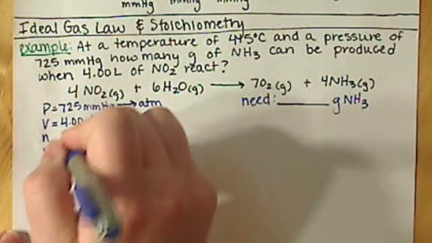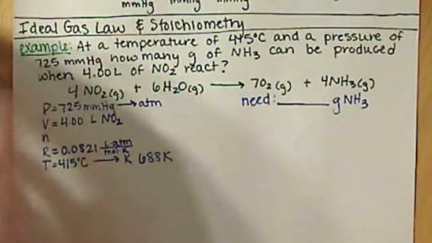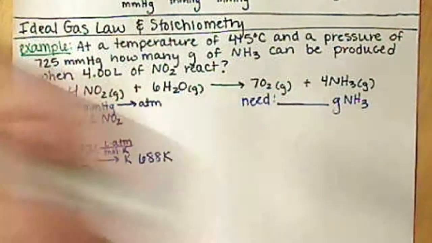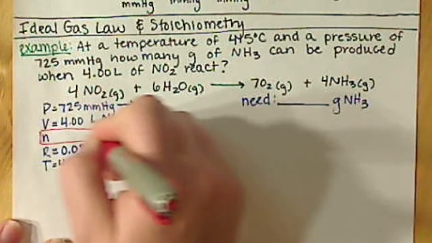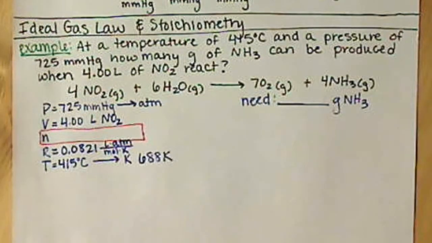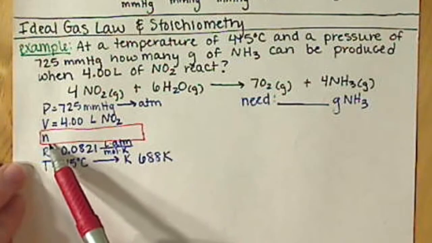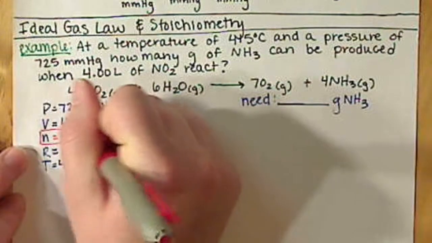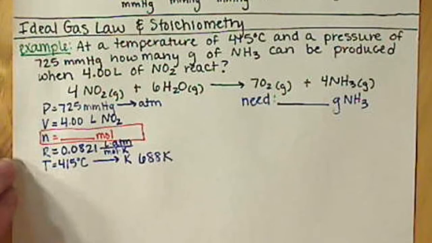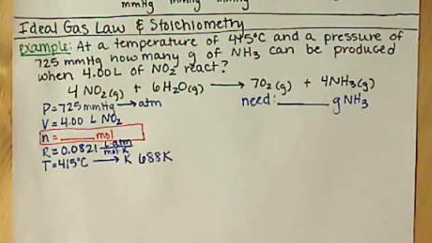So I know that I can use my ideal gas equation to calculate n. In this case, what are my units of n, and what am I going to be solving for? So my n, remember, is going to be my moles. But moles of what?